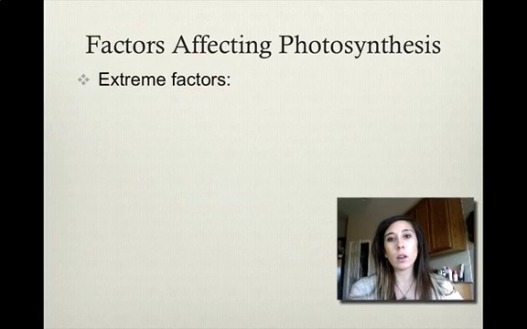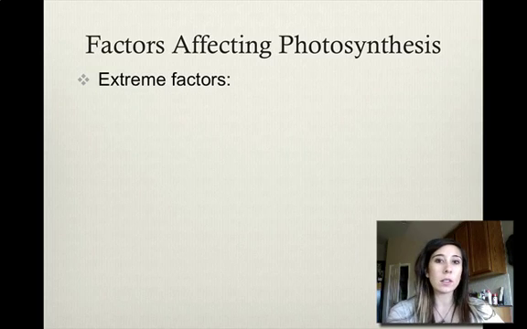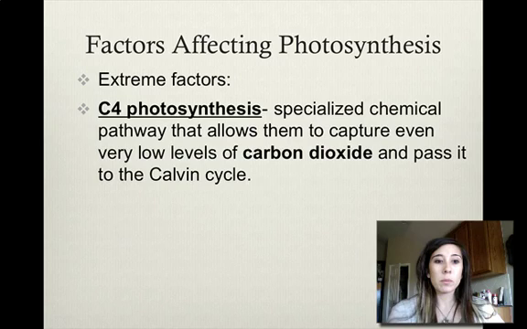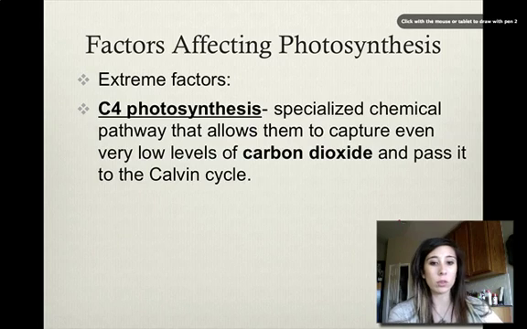Now let's look at a couple of cases that are extreme factors, and you'll recognize a lot of these. For example, we have C4 photosynthesis. I don't want you to know exactly what that looks like, but I do expect that you know that it's a chemical pathway, a very special chemical pathway that will allow plants to capture very low levels of carbon dioxide and pass these on to the carbon dioxide cycle.